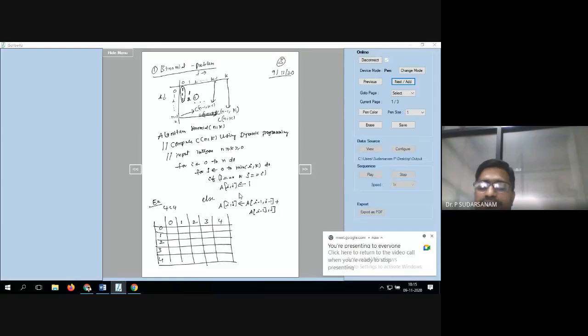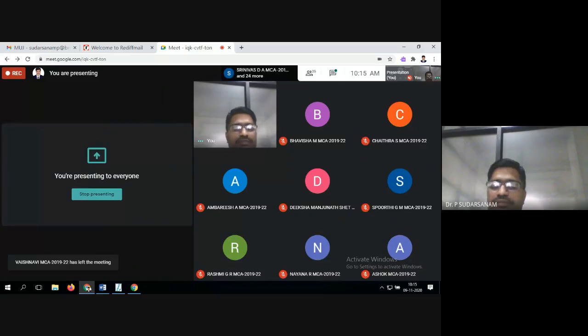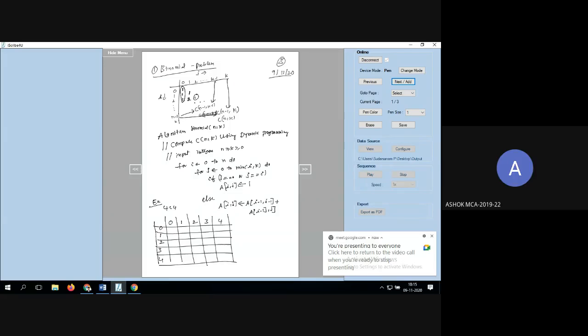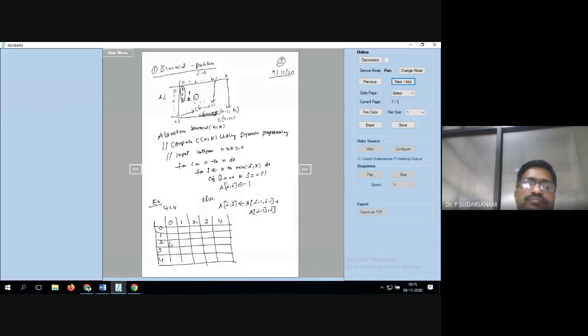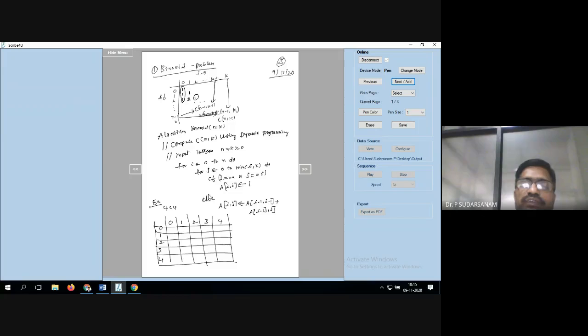Right. So now who will respond? Ashok. Yes, sir. Can you see the 4C4 table? Yes, sir. Now, where we can assign the values is either j equal to 0 or j equal to 1. j equal to 0 means this one.